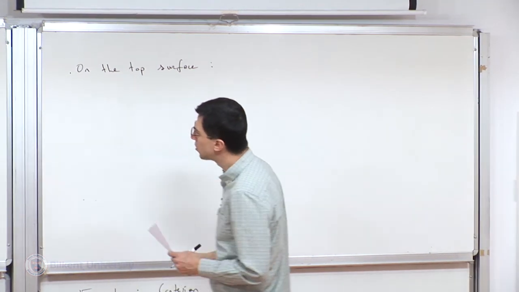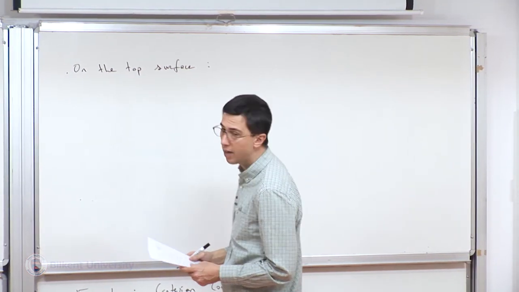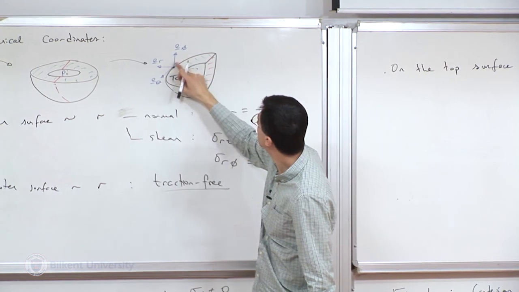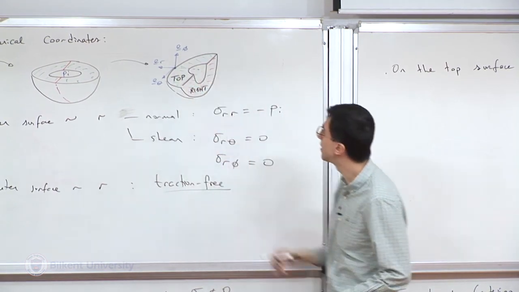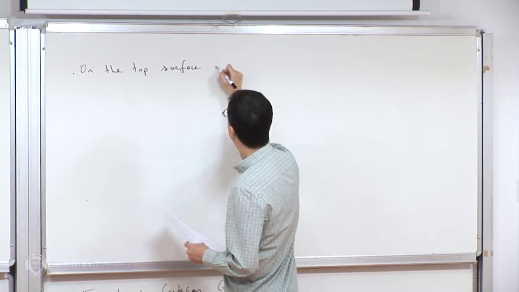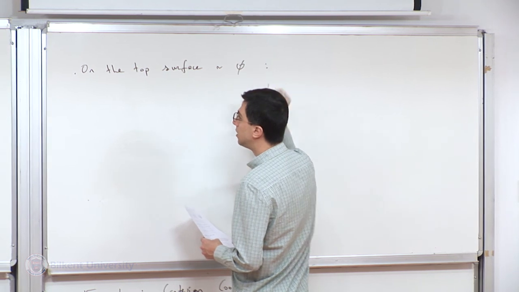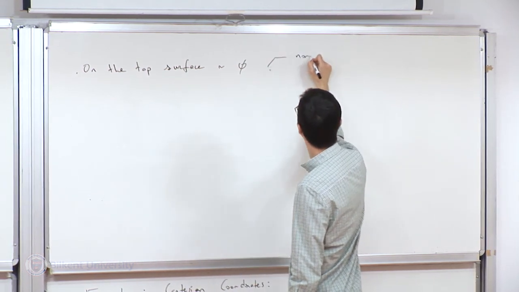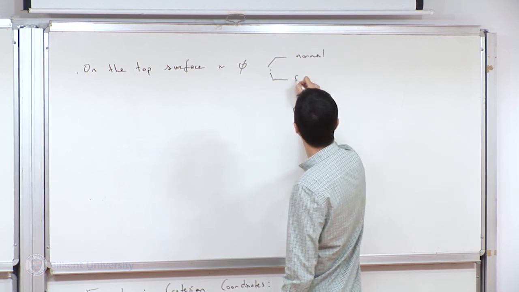The top surface is the green plane, so it has a normal e_phi in this case. There is going to be a normal component and a shear component.